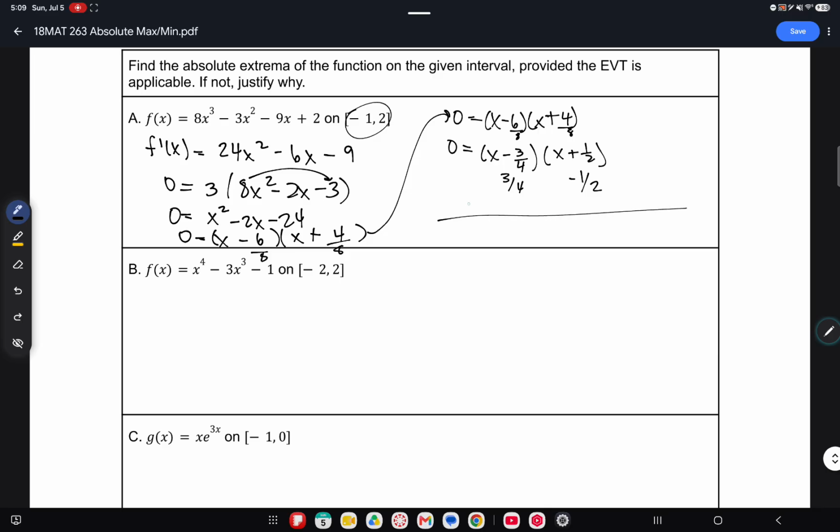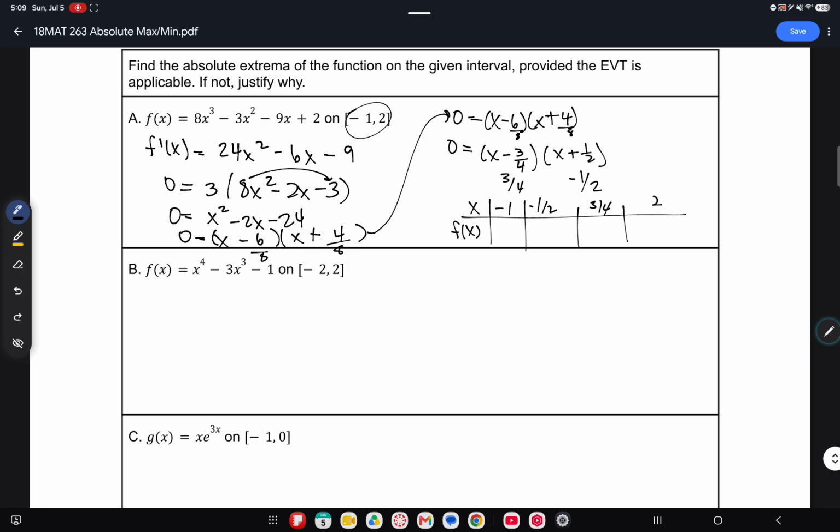But either way, I do need to go here and find these values. So I check the endpoints still, so negative 1 and 2. And then I can plug in these values here, so negative 1/2 and 3/4. And then I'll just plug this into a calculator to get the function values.